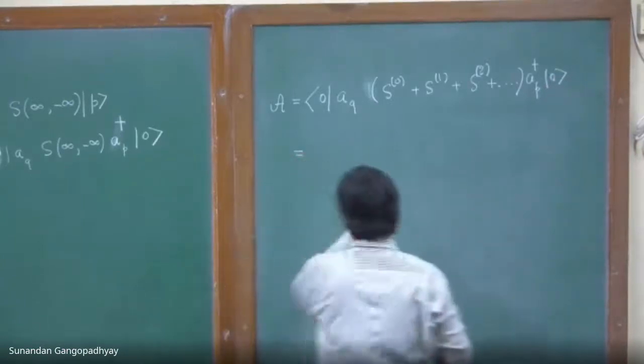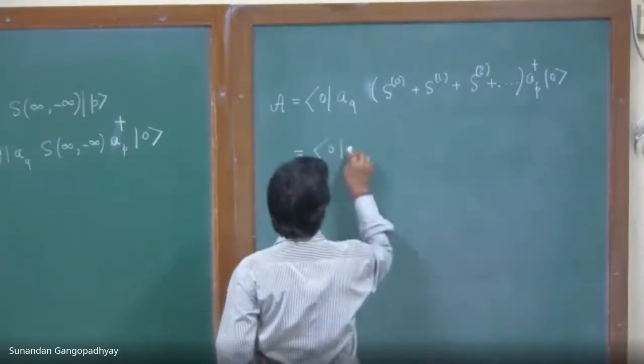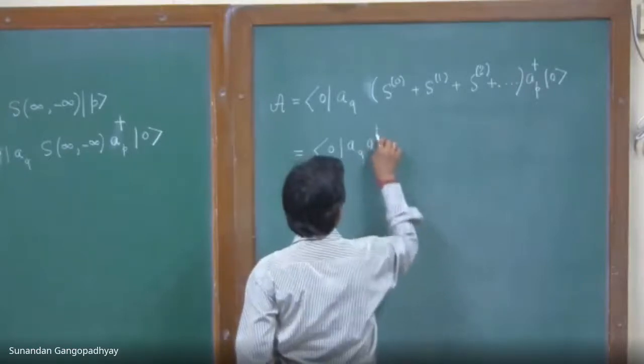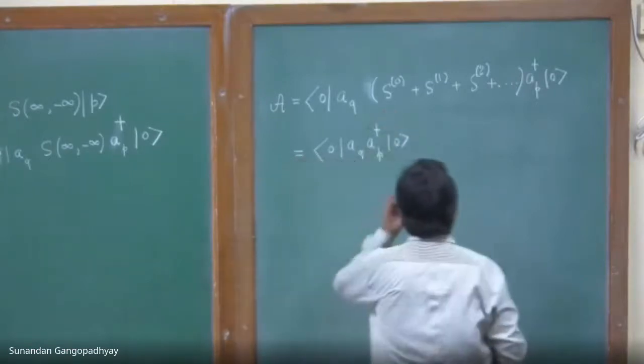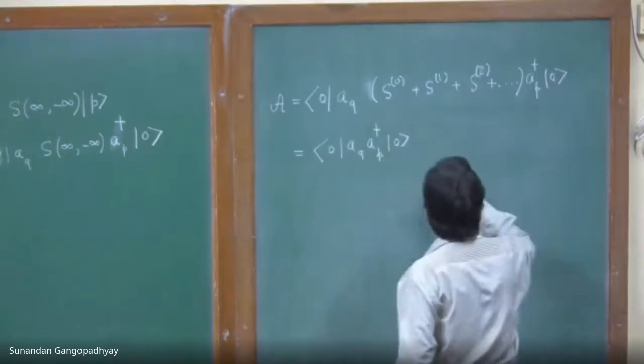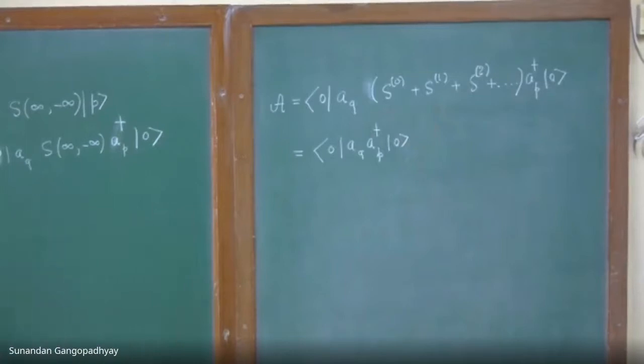This is equal to: the first term is identity, therefore this is a_q a dagger p. This is the first term. The second term is S1. S1 is the time ordered product of this thing.